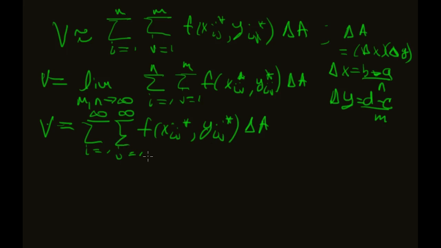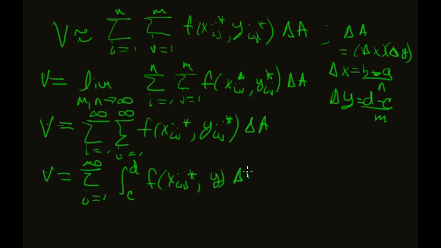Okay, so we work from the inside out. We handle the j's with the y's first, right? So this is going to say that the volume is the sum from i equals 1 to infinity of the integral from c to d of f of x_ij star, y. And now we're going to make this delta x times dy, right?